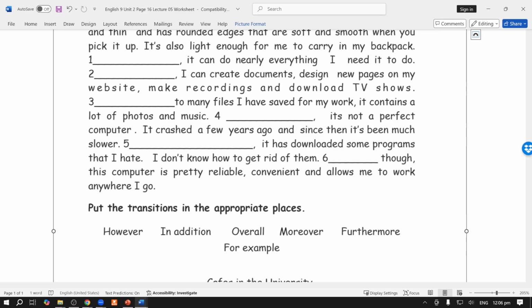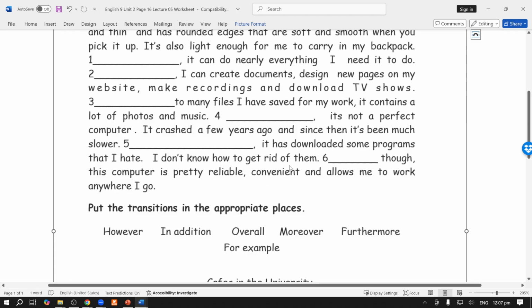There however is right because however is used to make a negative remark after a lot of positive remarks. So firstly he made a negative remark, that's why we will put however there. Like, that computer is very important.